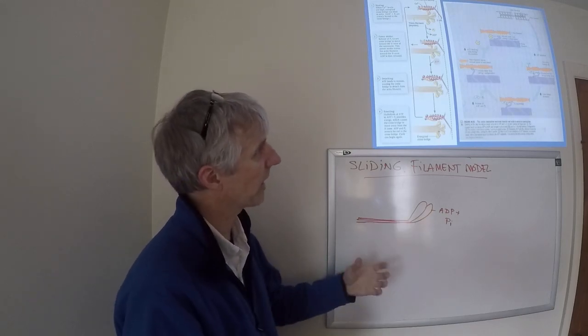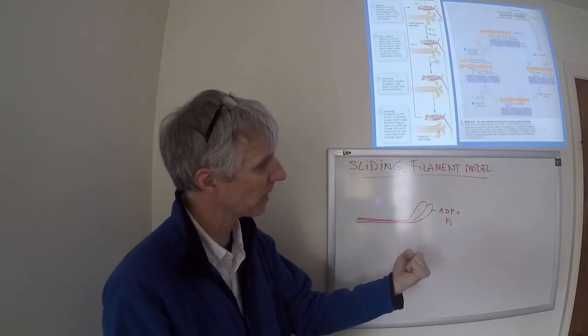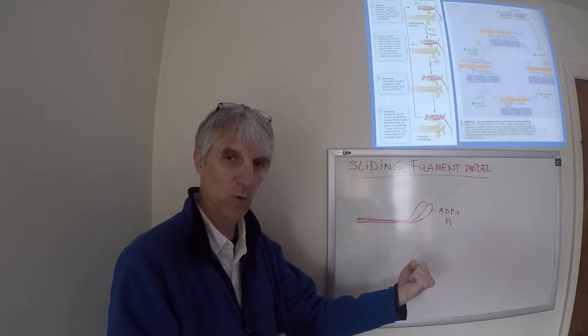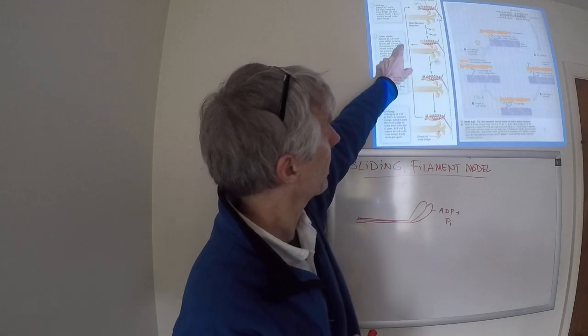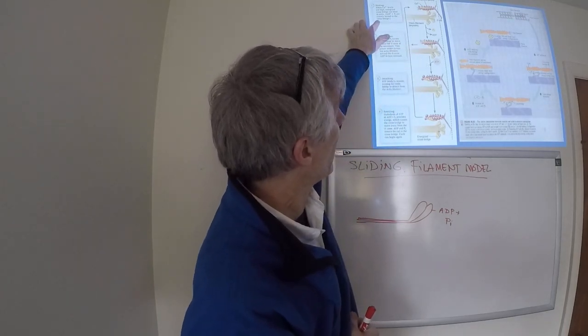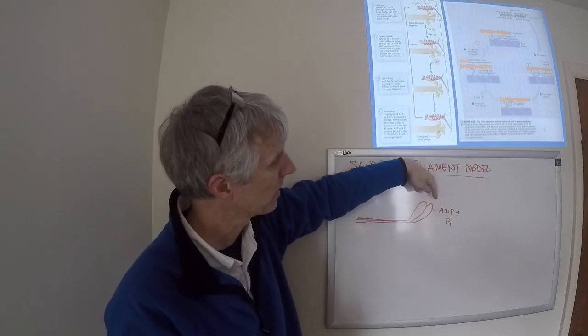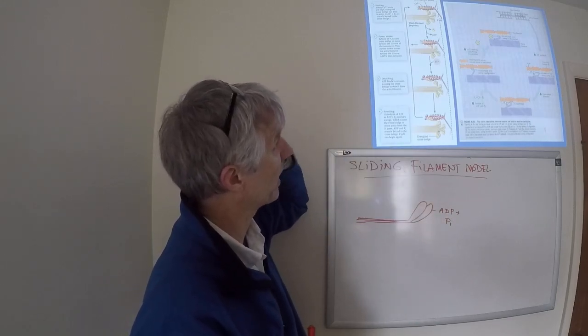Okay, what we're looking at is the high energy conformation of this myosin head. This is where it has more energy. Okay? Now, the ADP and inorganic phosphate group, that's low energy, is already attached to the myosin head.